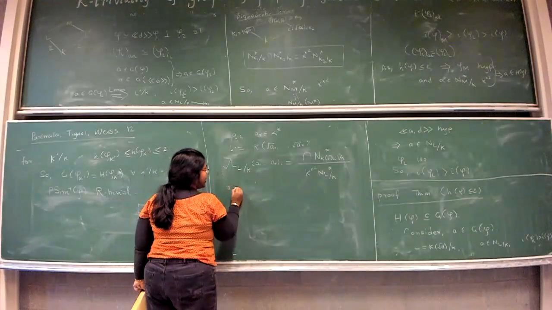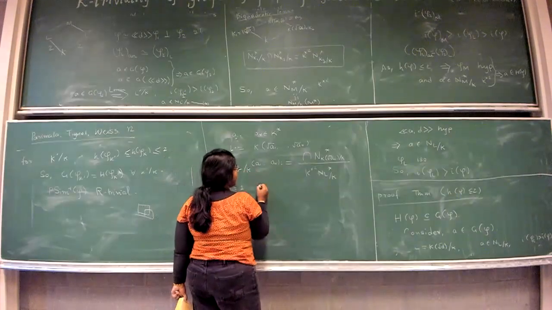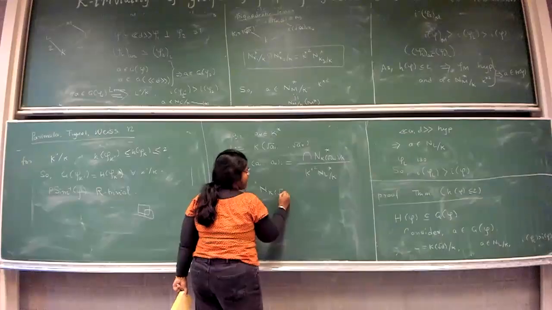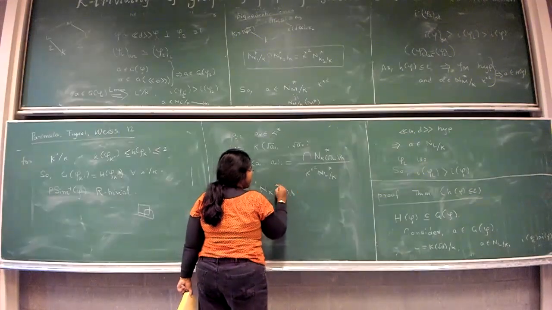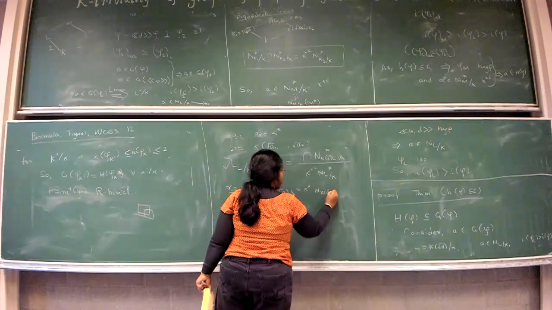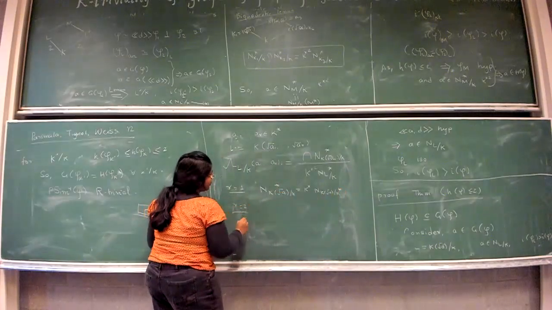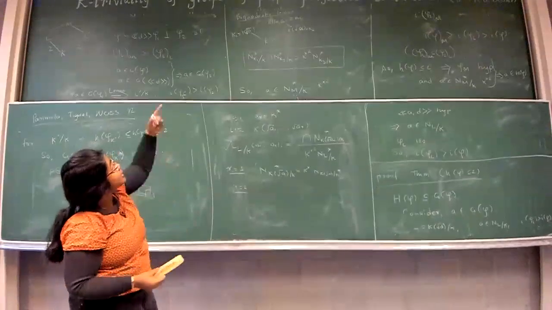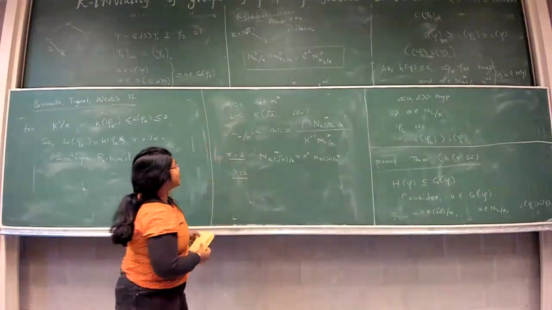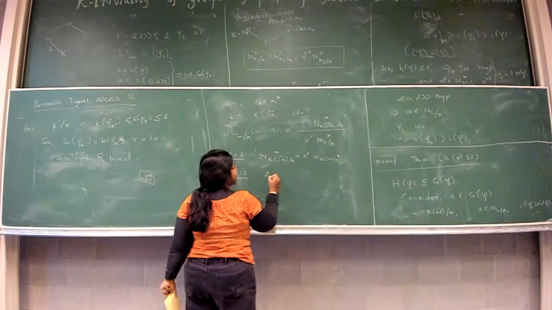So one thing to note is that if R is 1, then this function will be trivial. Then these two will be equal. So it will definitely be equal. R equals 2 is the biquadratic case. That is exactly the thing when R is 2. So in that case also, this form lambda is trivial.